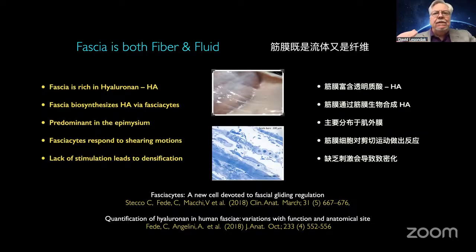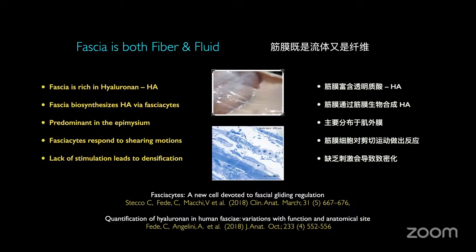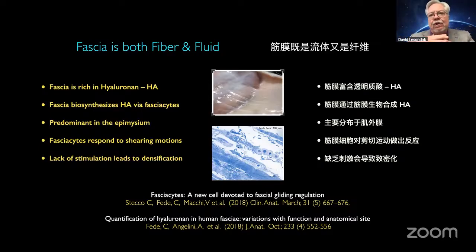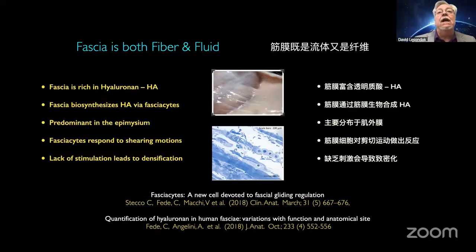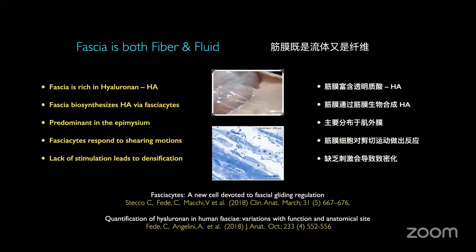So what happens is the muscles slide back and forth on each other, and as they glide, that shearing motion stimulates the fasciocytes mechanically to produce more hyaluronic acid so that the muscles keep sliding and gliding.